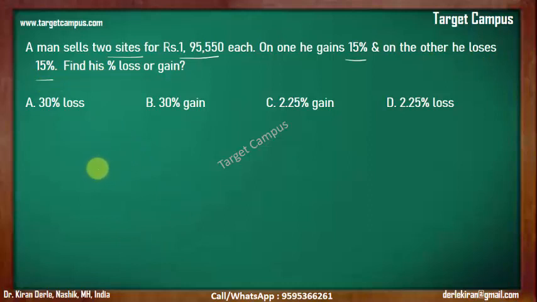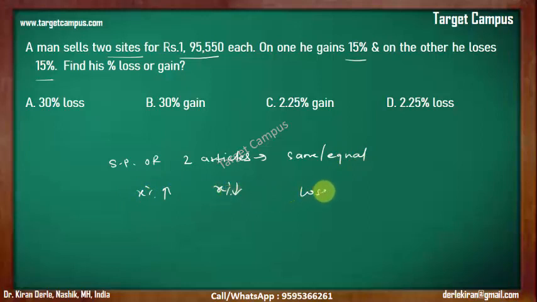If selling prices of two articles are the same or equal, and one is sold at X% profit and the other at X% loss, then the transaction always results in a loss, and that loss percent is equal to X square upon 100, right? So we have the same situation here.